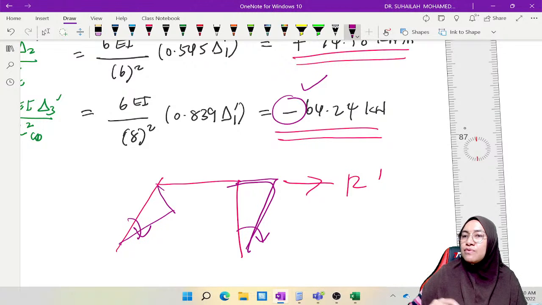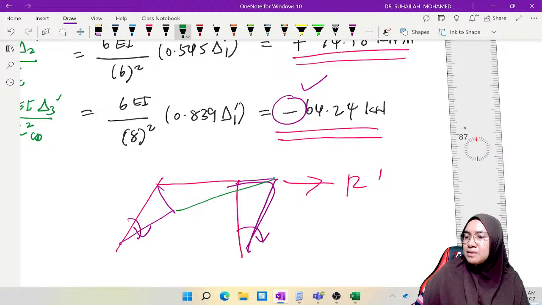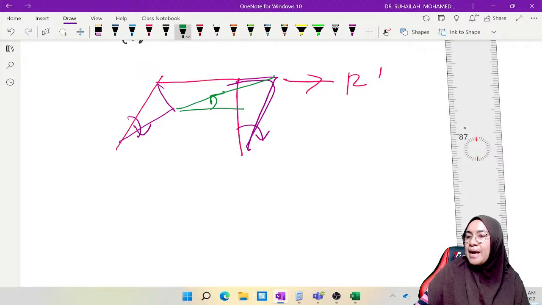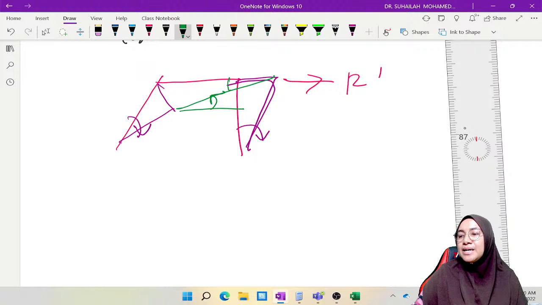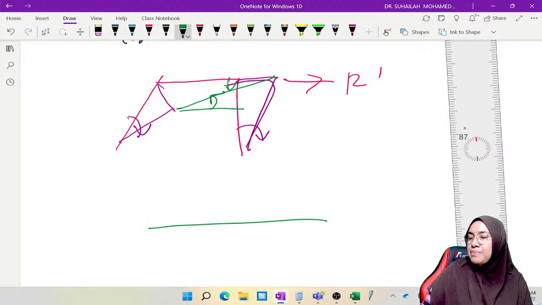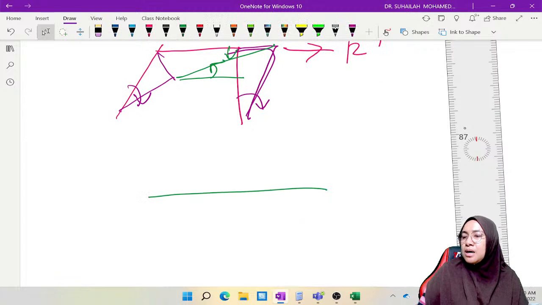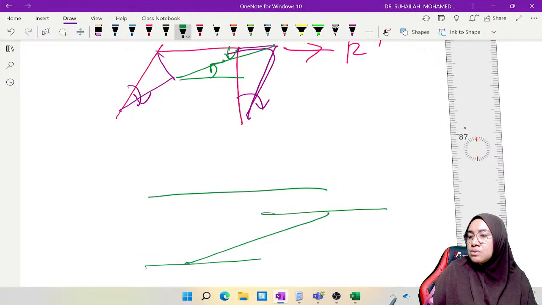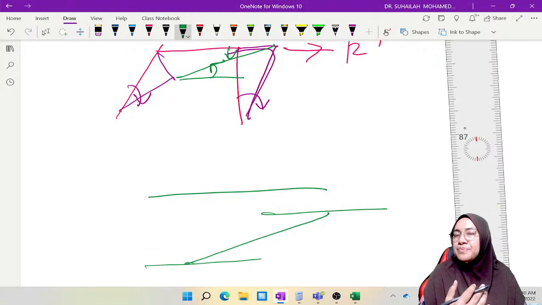However, for the beam, be careful. The beam angle is negative. The beam's original position is like this, and the new position is like this, so horizontal is the reference line.